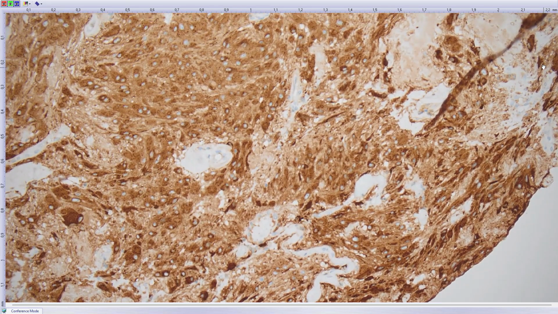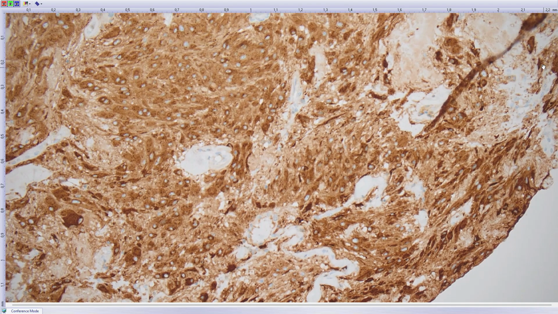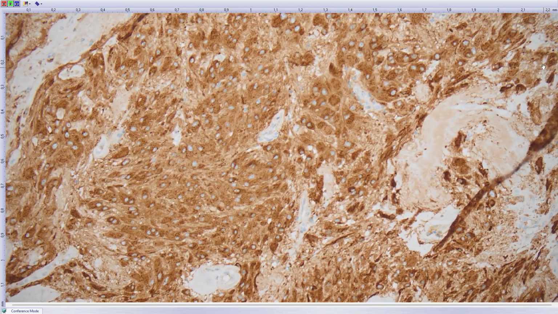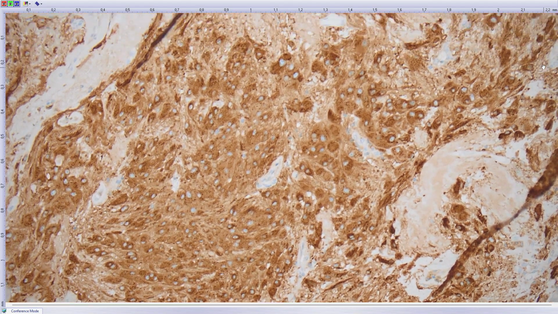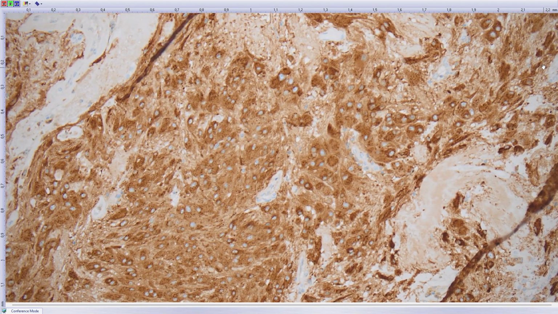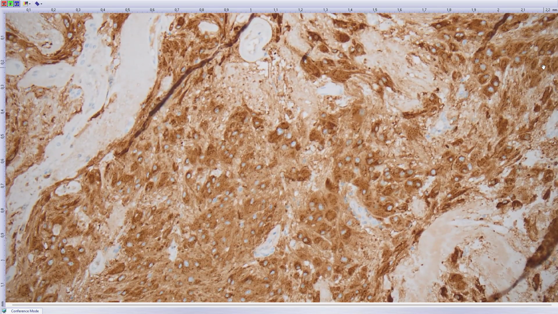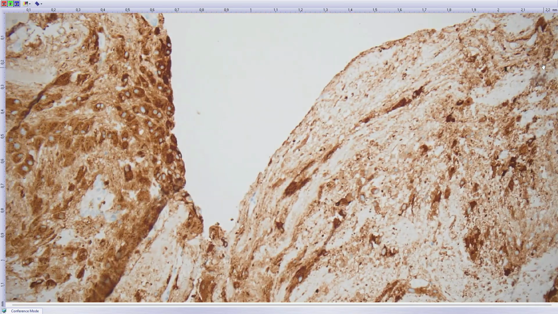We have stained 10 or 12 SEGA cases, and all of them have this diffuse and strong GPNMB expression compared to other tumor types, including glioblastomas and gemistocytic astrocytomas, which are mostly negative or have only patchy positivity in less than 50% of cells. But we also had some tumors having this diffuse positivity, so the context is quite important.